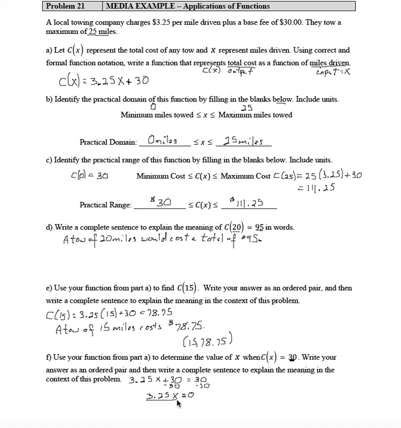Divide both sides by 3.25. I get x equals 0. My ordered pair then is 0 as my input, 30 as my output. And in words, what this ordered pair, 0, 30, means is that the base fee, or the base cost, is equal to $30.